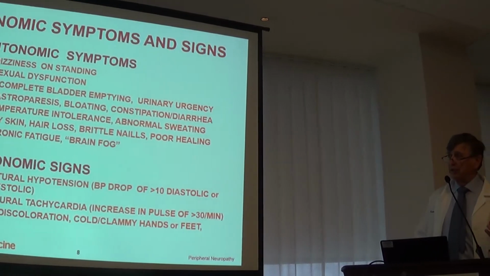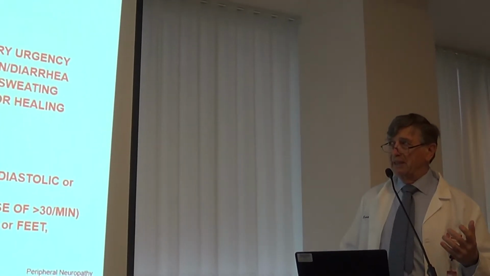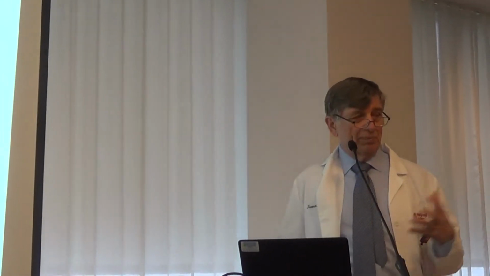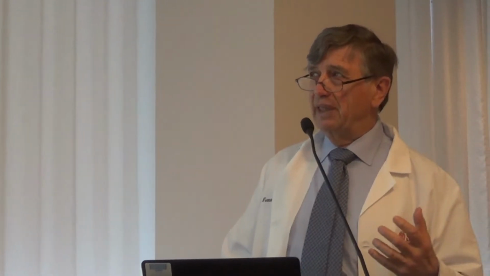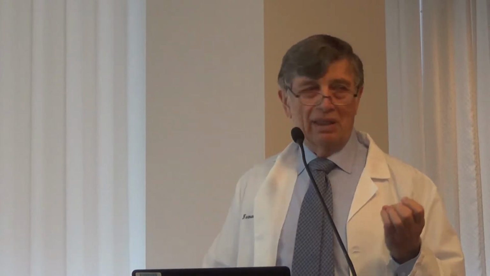Sexual dysfunction is an early symptom. Incomplete bladder emptying, gastroparesis or bloating after eating, constipation alternating with diarrhea, intolerance to change in temperature. People, for example, can't sweat, they get overheated. On dry skin, it affects your hair and causes brittle nails, poor healing after a cut.